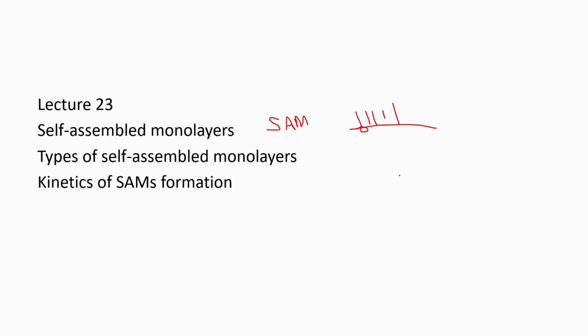So these self-assembled monolayers have a typical structure. It has one ligand and then a spacer and then a terminal functional group.